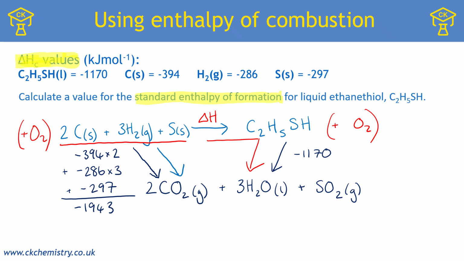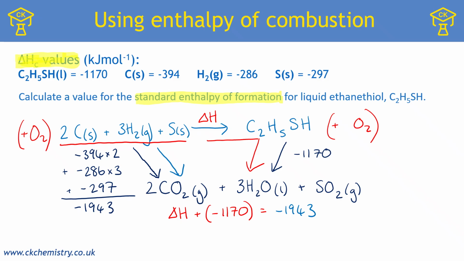So if I did it like this, this is the calculation I would write. Delta H plus minus 1170, that's my red route, equals minus 1943, which is my downward arrow on the left hand side.